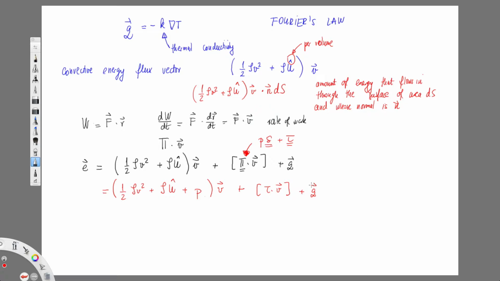And then this portion here can be written as rho U plus rho times specific volume, which is basically rho times specific volume is 1, times PV.